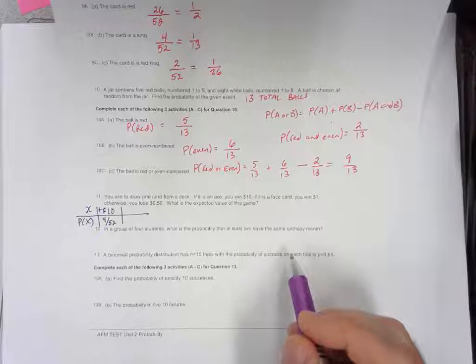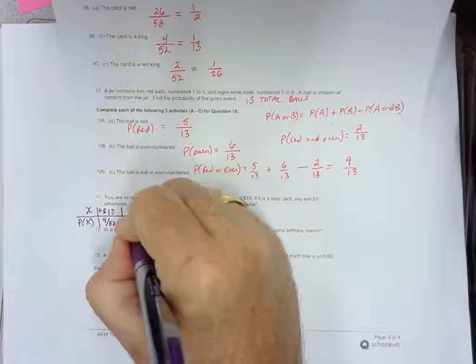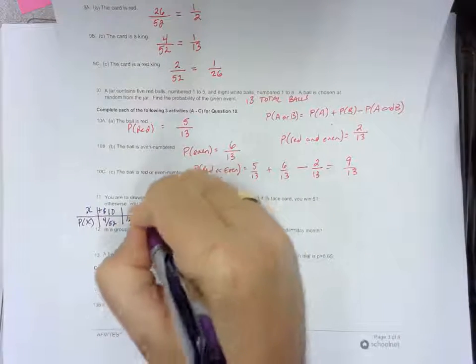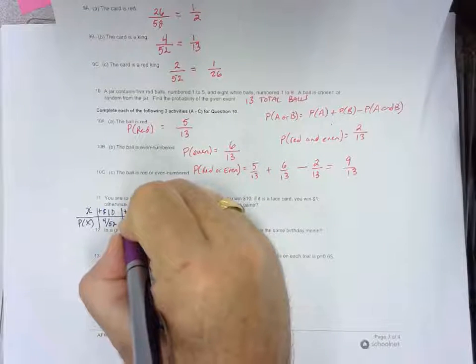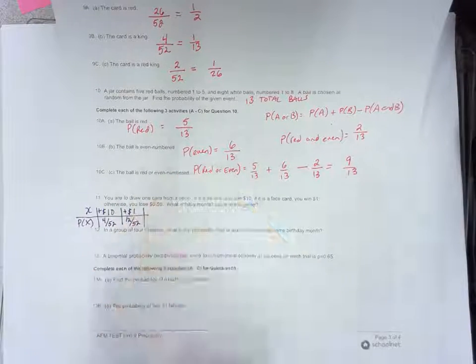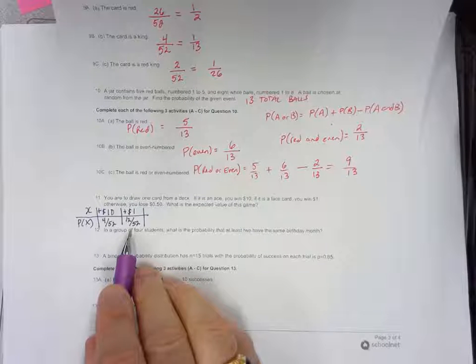And what else? How many face cards? There's a jack, a queen, and a king. So I have 3 types of face cards times 4 suits. So there's going to be 12 out of 52 possibilities. And then I'm going to win $1. So that's plus $1 if I draw a face card.